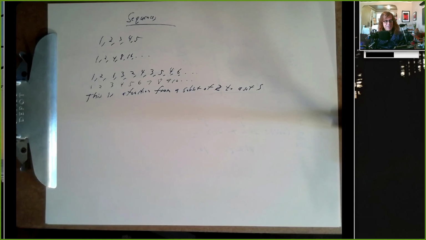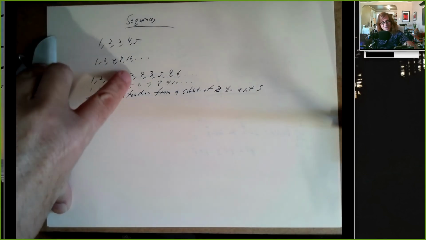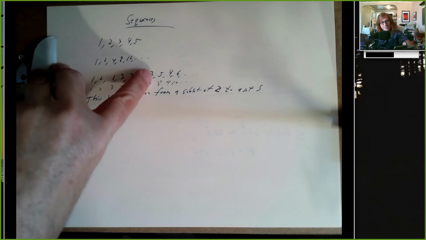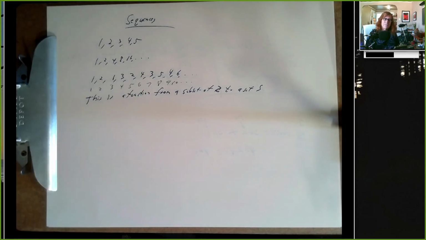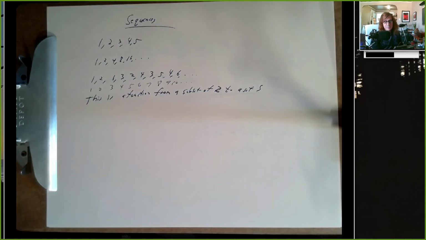And my function takes 1 to 1, 2 to 2, 3 to 1, 4 to 3, 5 to 2, 6 to 4, 7 to 3, and so on. If I want to know the nth term of my sequence, I just take this function and ask, what is f of n? And it'll be whatever the nth term of my sequence is. So again, functions and sets encapsulate most things.